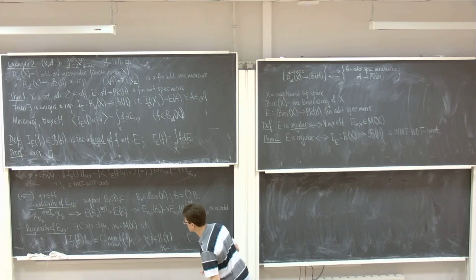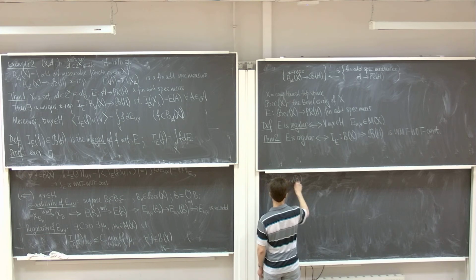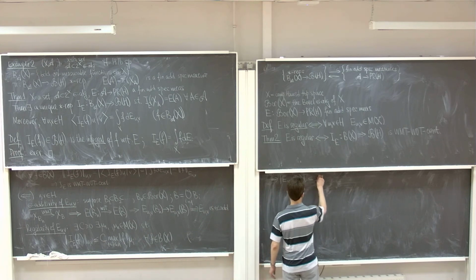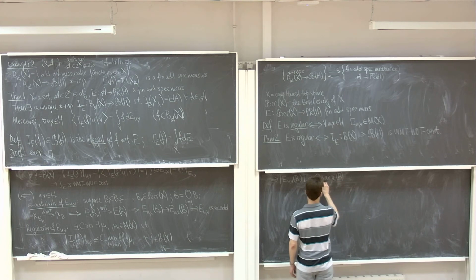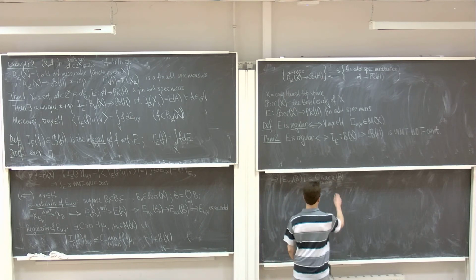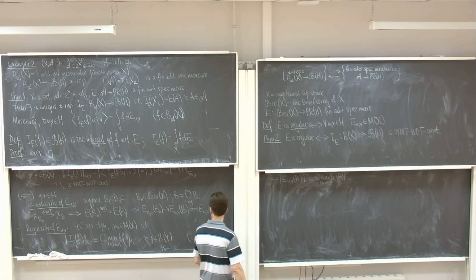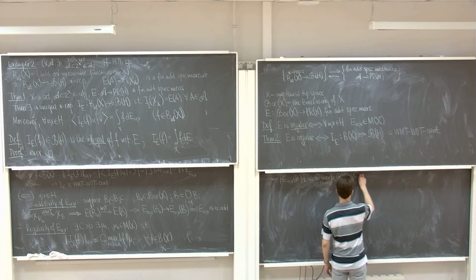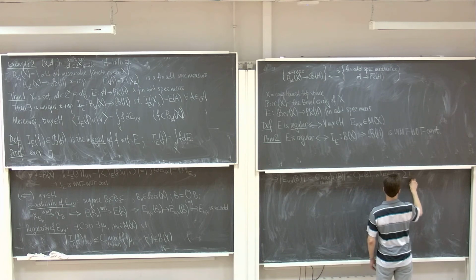This implies that the absolute value of EUV of B is less than or equal to C times the maximum of the absolute values of mu i of B, and this can be estimated just by C mu of B, where mu is the sum of the variations of measures mu i.